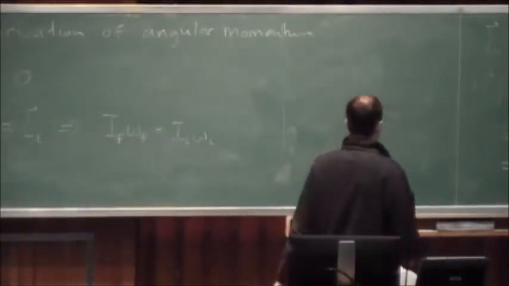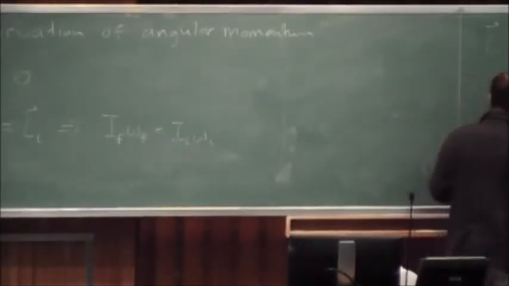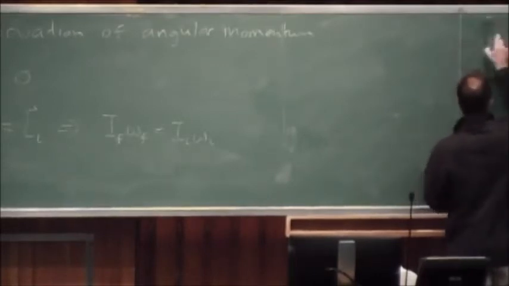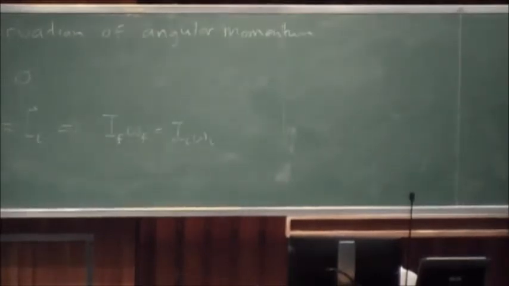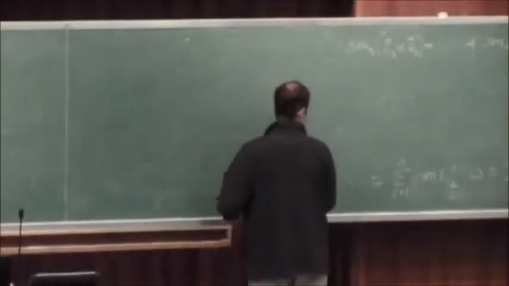Okay, so let's do an example of this. A little while back I said that you can have a lot of fun on a merry-go-round. Let's do a quick check of what that might be like.